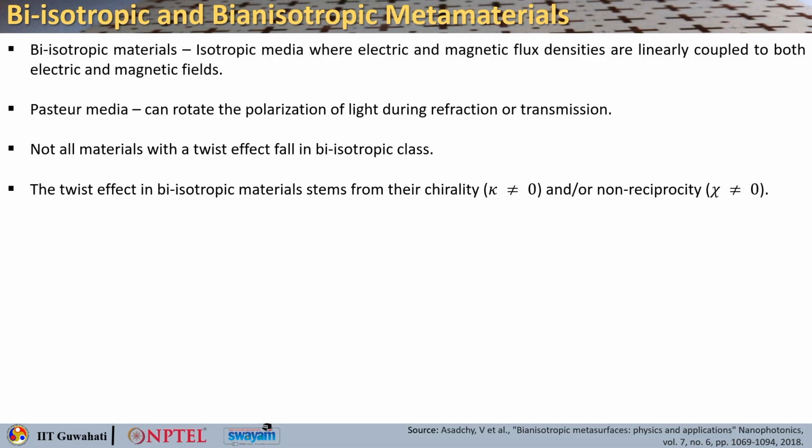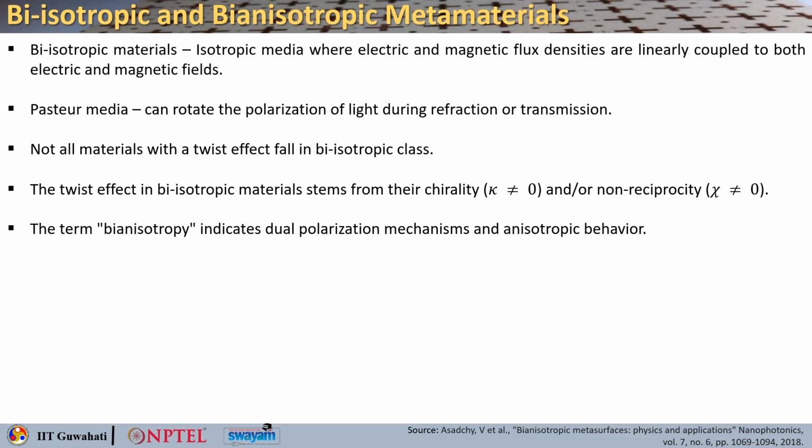The twist effect of the class of biisotropic materials is basically caused by the chirality, okay, that is kappa non-zero, and or their non-reciprocity, which is given as non-zero chi. Okay. So, that all depends on this non-reciprocity of the structure, right, of the media in which the electric and the magnetic field of an electromagnetic wave, or you can say simply light, interact in a very unusual way.